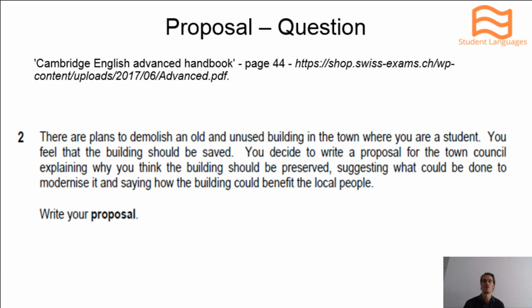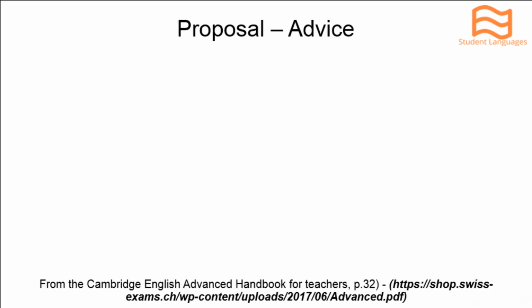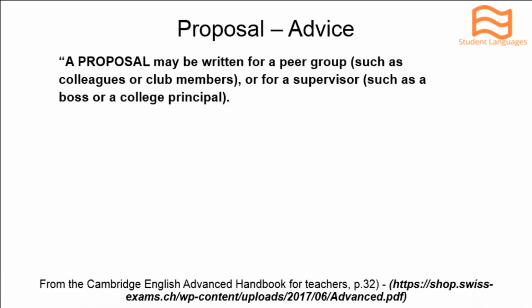Let's have a look at some more advice for writing a proposal, which has also come from the Cambridge English Advanced Handbook for Teachers. It says a proposal may be written for a peer group, such as colleagues or club members, or for a supervisor, such as a boss or a college principal.